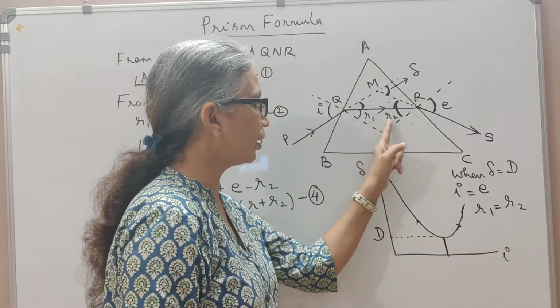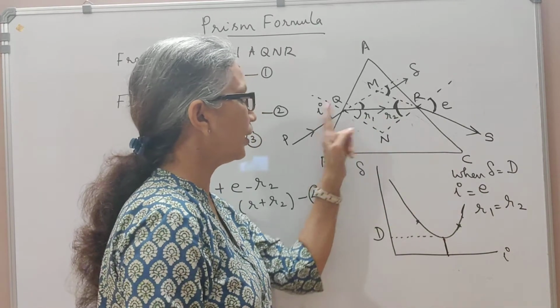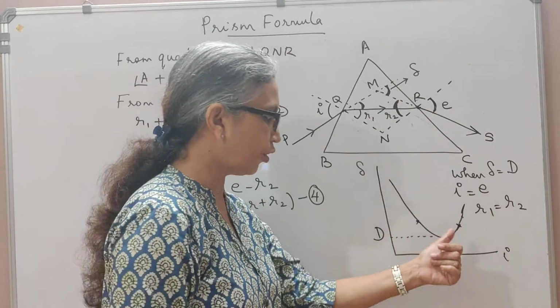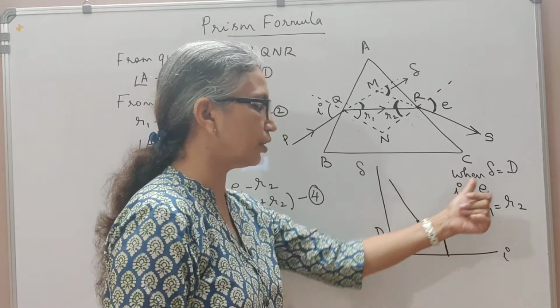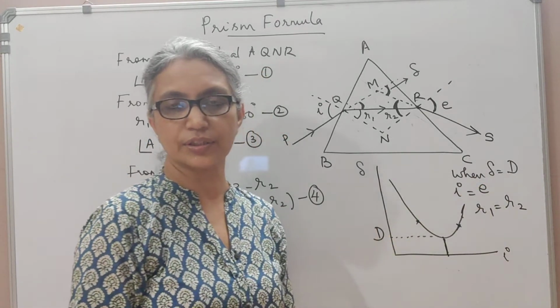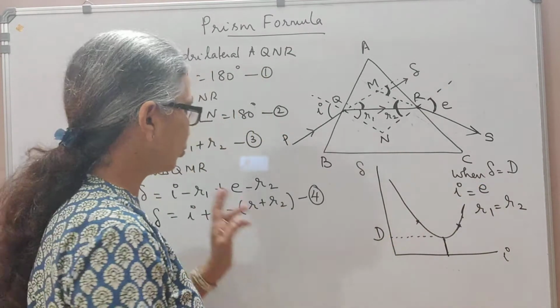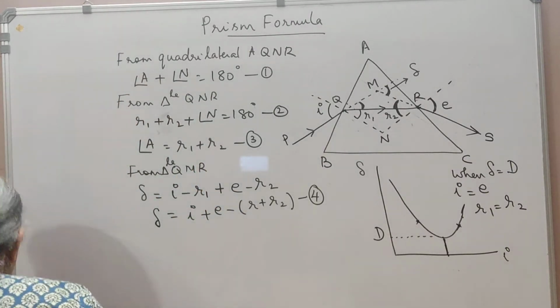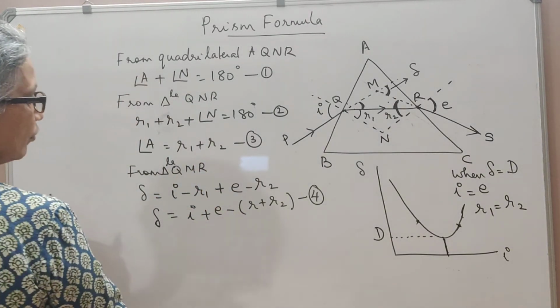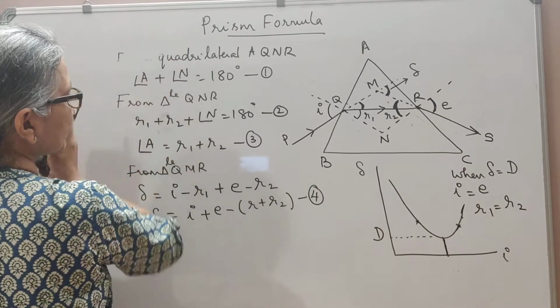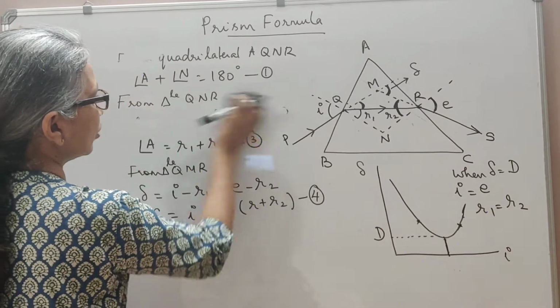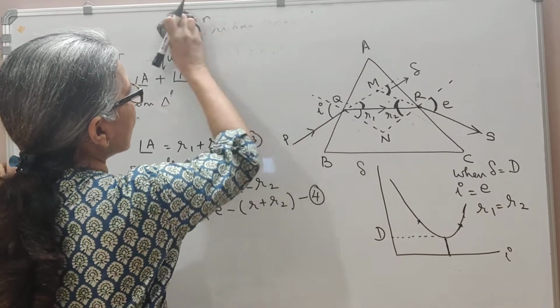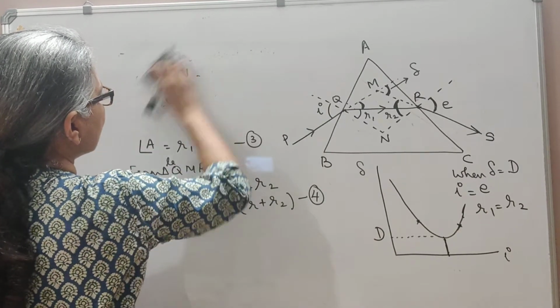That means R1 and R2 will be the same and I and E will be the same for this minimum condition, that is when the angle of deviation is equal to capital D. I am going to substitute those values here in my equations 3 and 4.